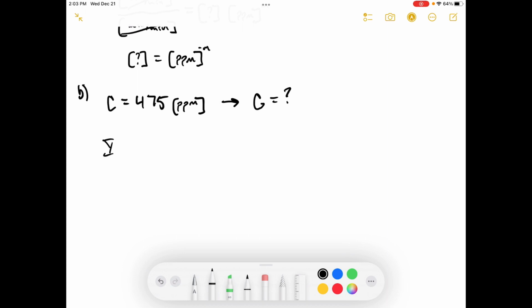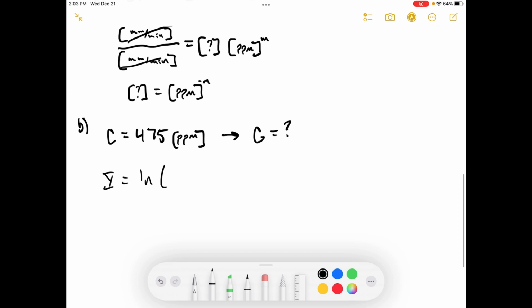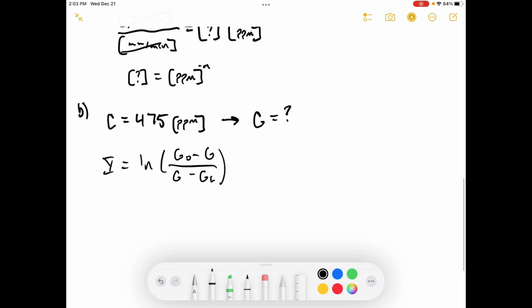So Y equals the natural log of GL minus G divided by G minus GL. And this equals 5.26.